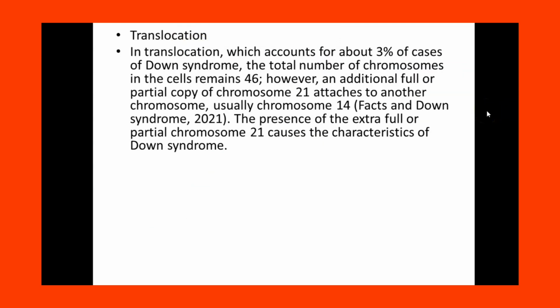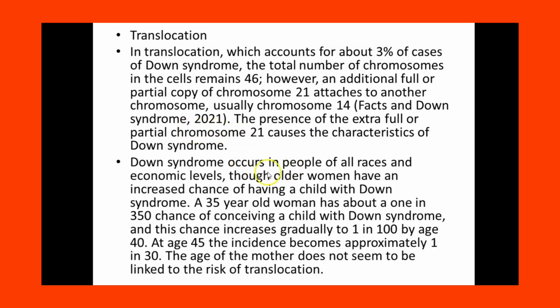There is also translocation, which accounts for about 3% of cases. That is the mutation, which is more of translocation. The 21 chromosome is not generally 46. It translocates to other chromosomes, and that's why it's called translocation.